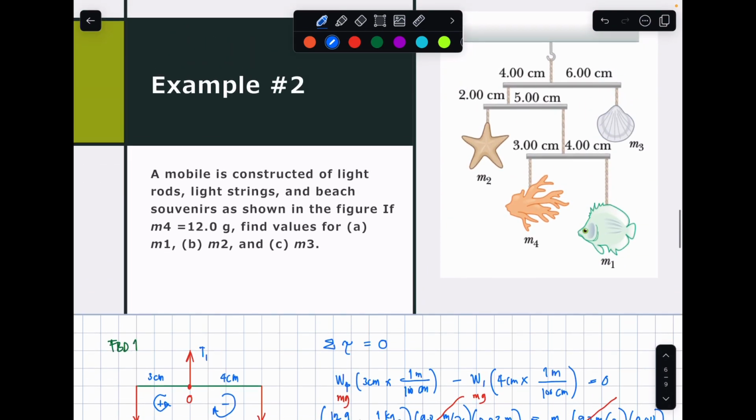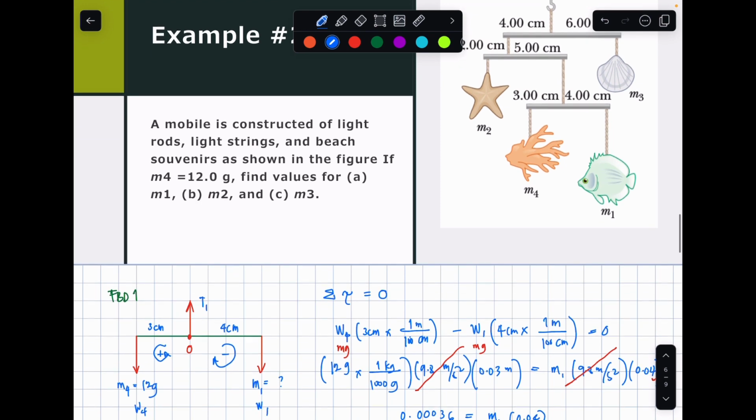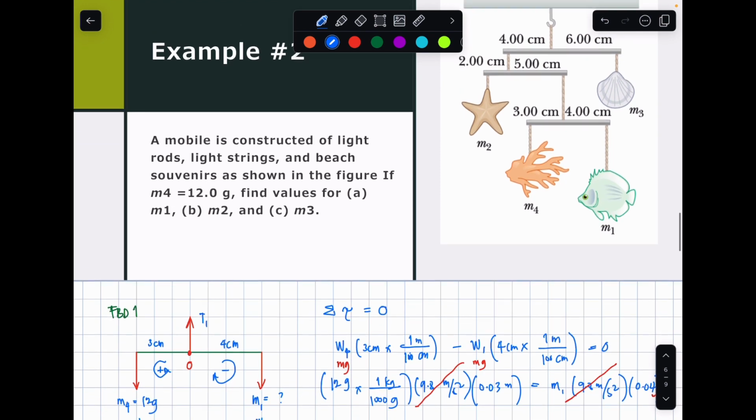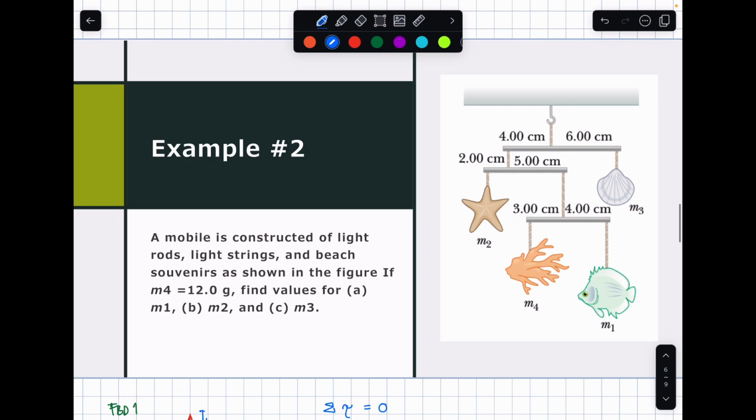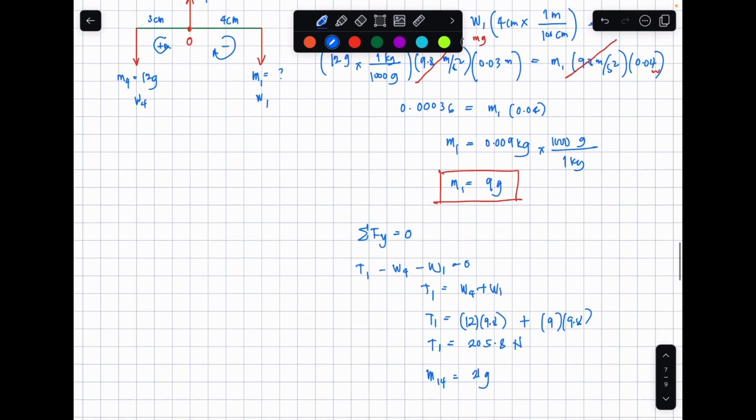Since that is 21 grams, we can now get the M2. So 2 centimeters and 5 centimeters.